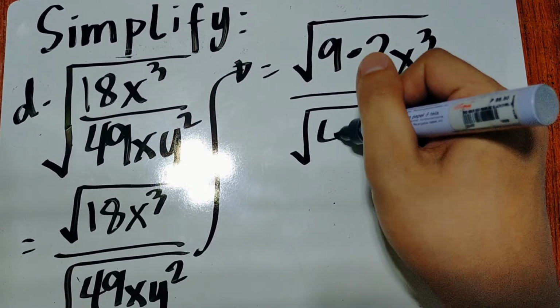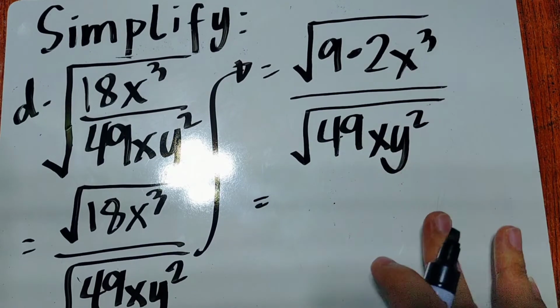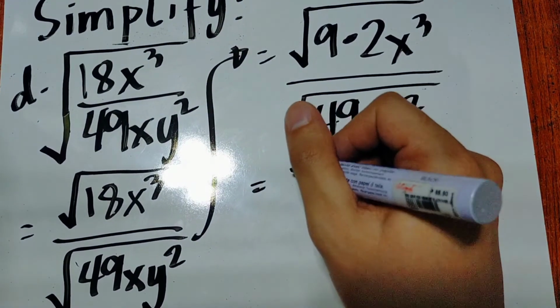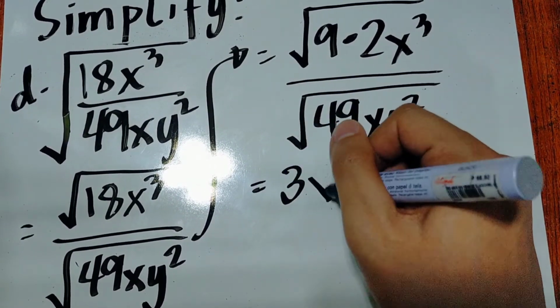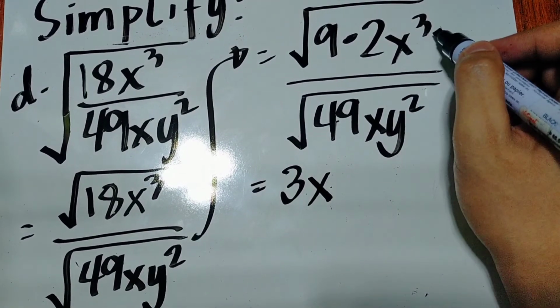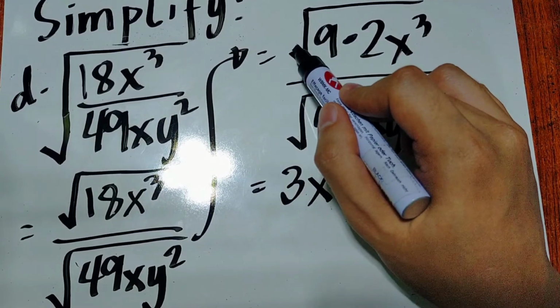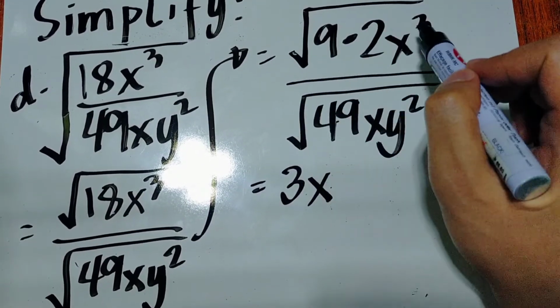Next, 49xy squared. So, simplify na natin. This will become 3x. Bakit naging x? Kasi babawasan natin yung x cubed ng dalawa. So, nakadepende pa rin sa index kung paano mo siya sasagutan.